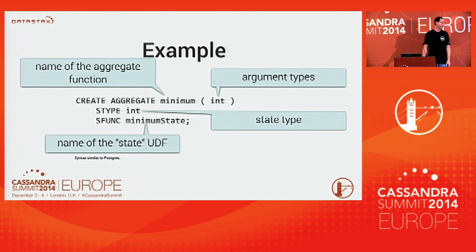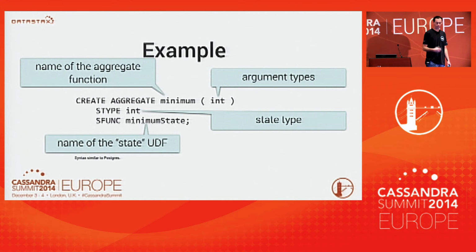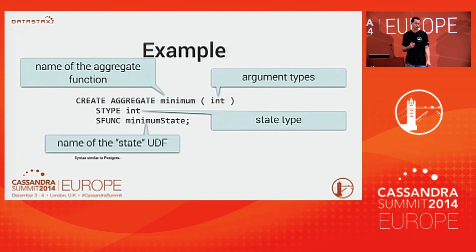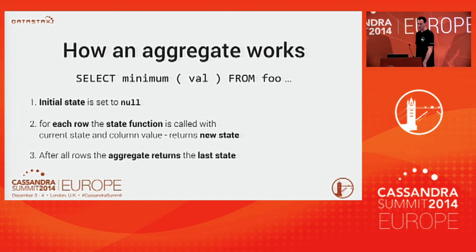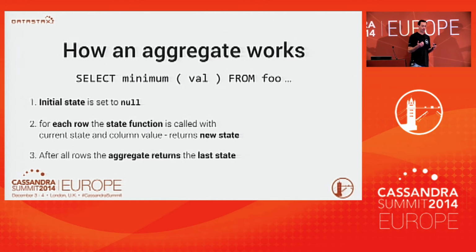That's basically the syntax to create your own aggregate. If you want to code a minimum function, just give it a name, some argument, some state. It has to maintain a state when it scans the rows. And the name of the UDF is used to calculate the minimum. Internally, it has an initial state, basically null.